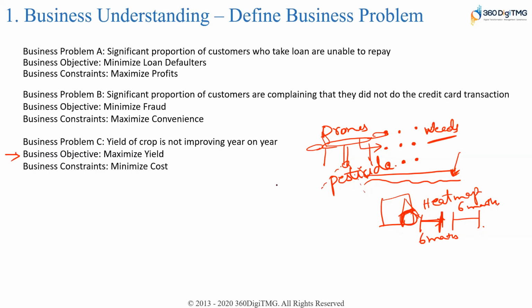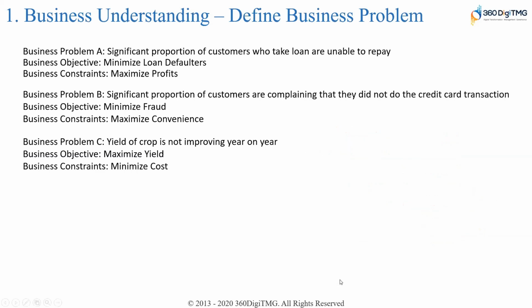So all these are very important when you are working in the space of agriculture. Agriculture analytics is, wow, very, very important, right? So you might want to maximize the yield. But when you go to a farmer and say, hey, purchase a drone, fly it on top of your crop, it will capture all the statistics, and then you can sprinkle the pesticide, they would obviously say, oh, come on, I cannot invest in this.